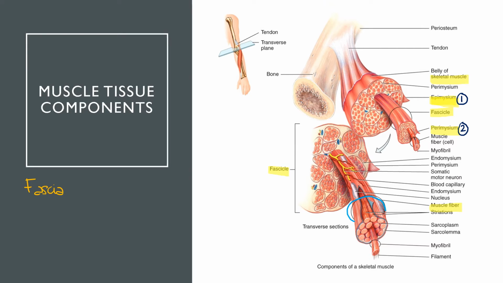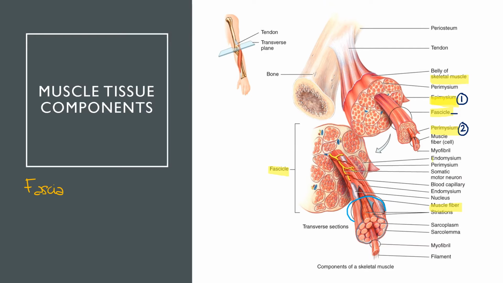It's also a layer of dense irregular connective tissue, but it surrounds groups of 10 to 100 or more muscle fibers, and it's actually the perimysium that separates these muscle fibers into bundles, which are called fascicles. Now, many fascicles are large enough to be seen with the naked eye.